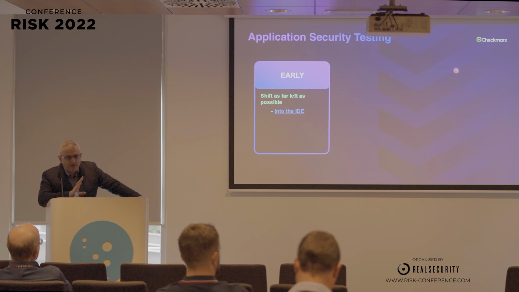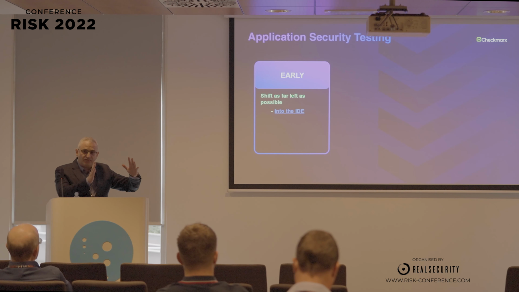Okay, we defined which types of problems we need to detect, and now the question is when and how we can do it. The first requirement is to do it as early as you can. It means shift left, moving the testing to the developer.